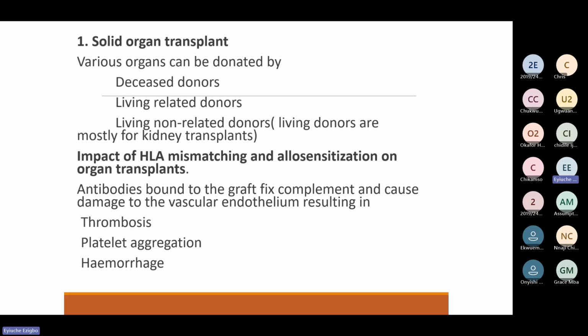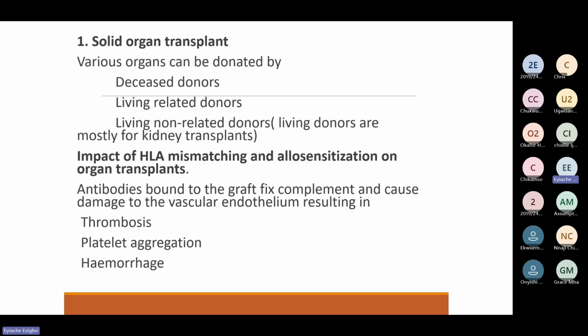Antibodies bound to the graft fix complement and cause damage to the vascular endothelium, resulting in thrombosis, platelet aggregation, and hemorrhage. So when there is a mismatch, say a kidney from one individual is being transplanted to another person, we have some antibodies that are found on the graft.